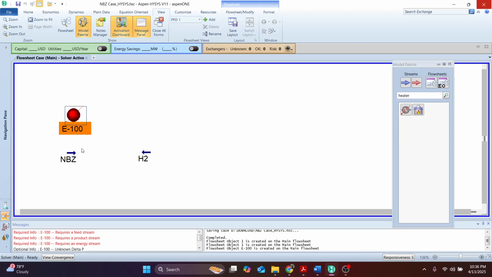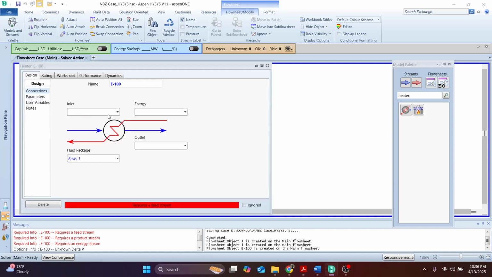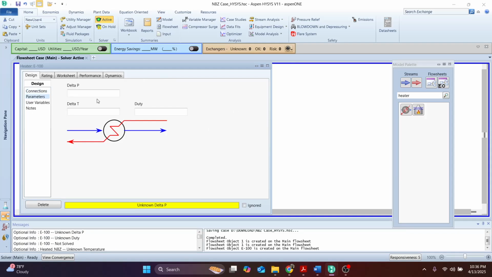Okay. Still looking good. Then just rotate. Now just connect the inlet first to NBC, and then this one, I usually just call it heated NBC. Energy, let's just say it will be Q1. Delta P, we assume no pressure drop.